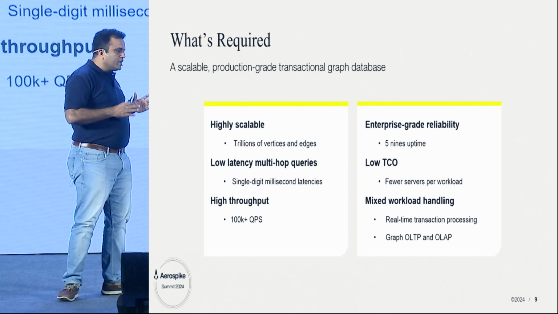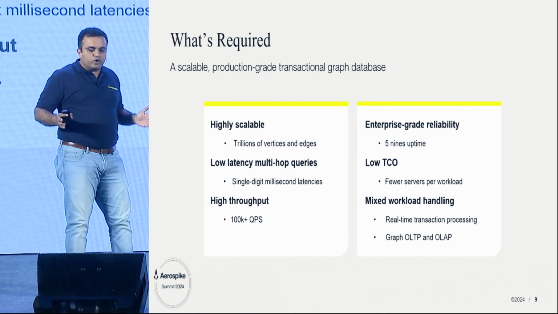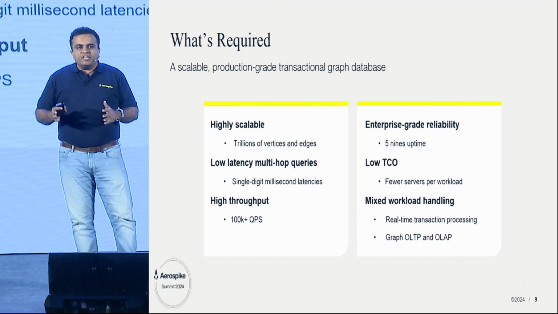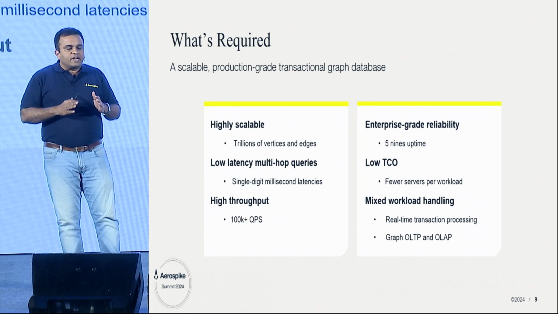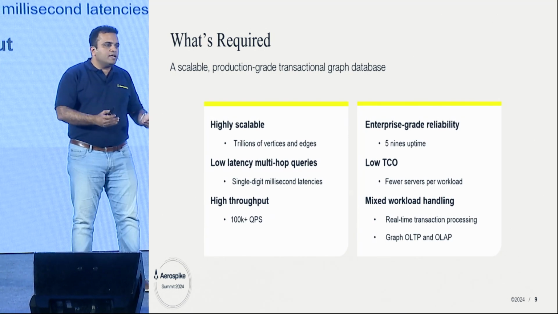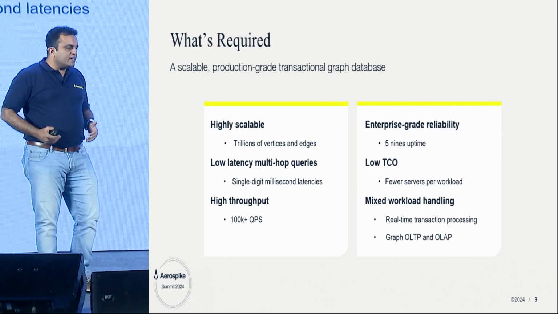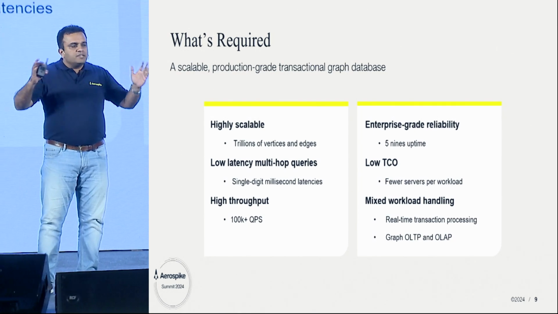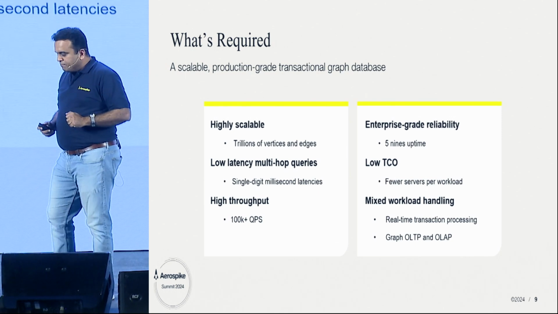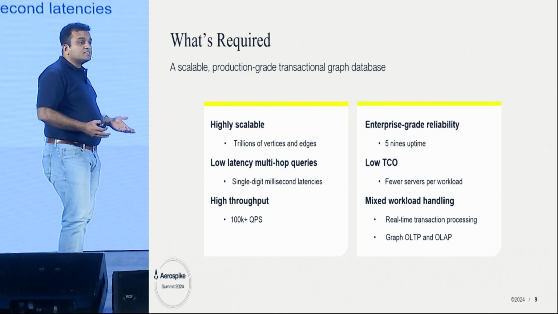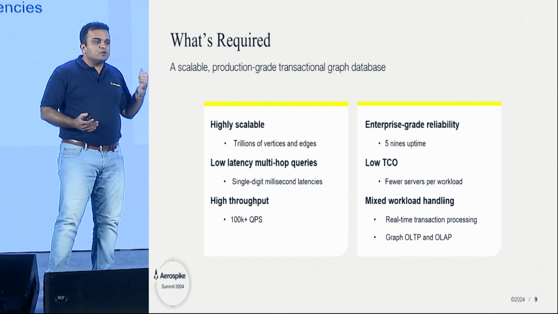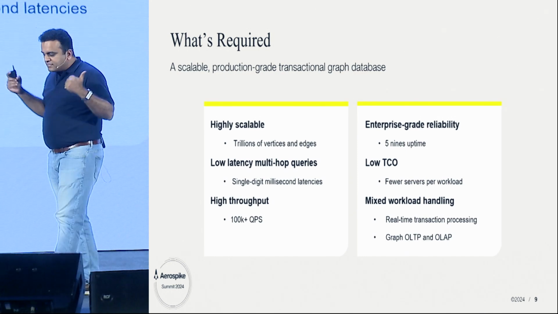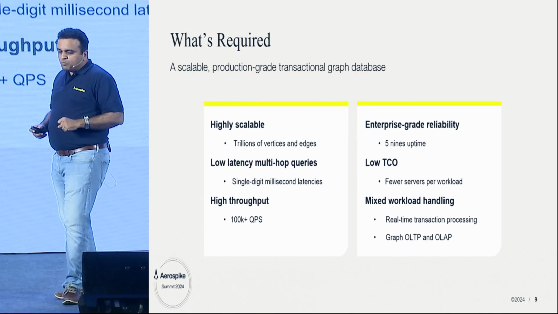So you want a system that gives you the ability to store more and more data. It gives you the ability to traverse the graph, whether you do a single hop, like I know the device ID, I find the person associated with the device, and then I traverse the ecosystem around them. But I want to do this in single-digit milliseconds, because real time is the need of the hour to address the kind of industry cases we spoke about.